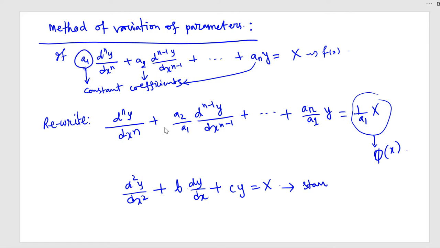Because we have seen if something is there with this quantity, then we can divide it and we can think of only two arbitrary constants. So this is the standard form for the method of variation of parameters.